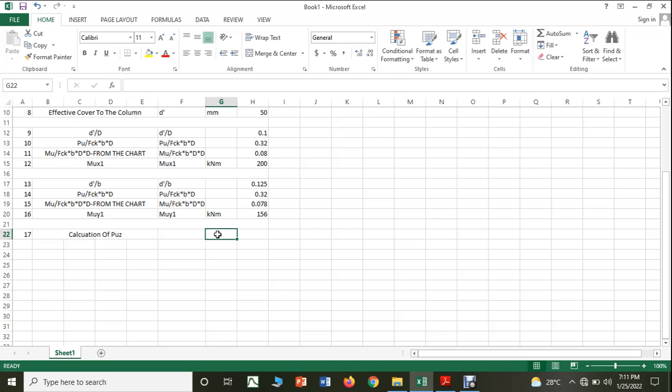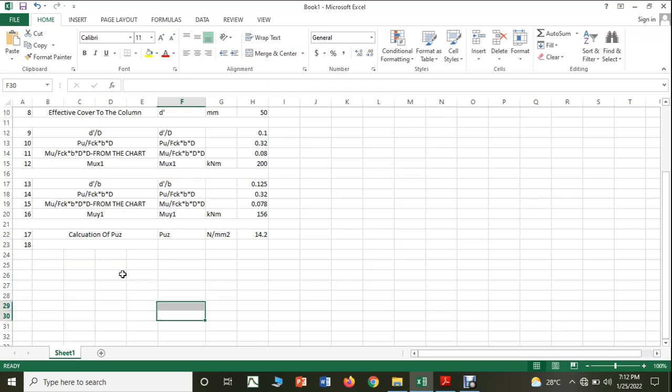Therefore this Puz value, which will be in Newton per mm square, you are going to get as 14.2. From that, since you know the Ag, I can get the value of Puz.